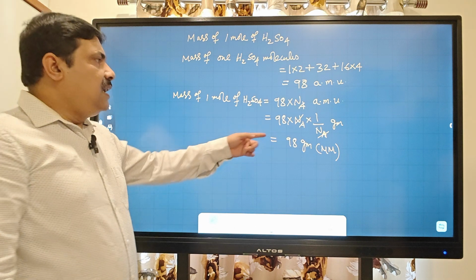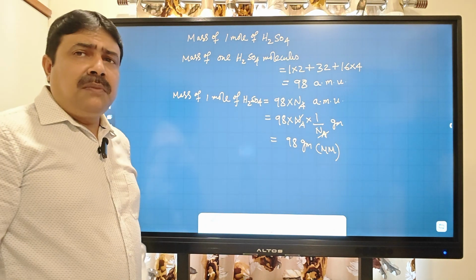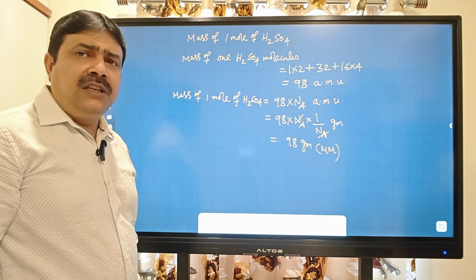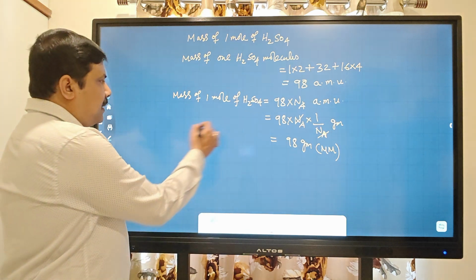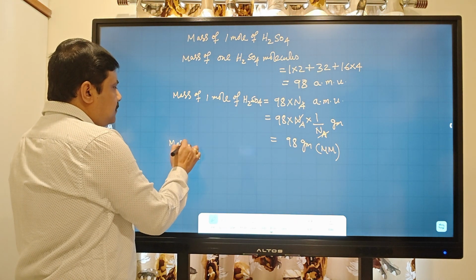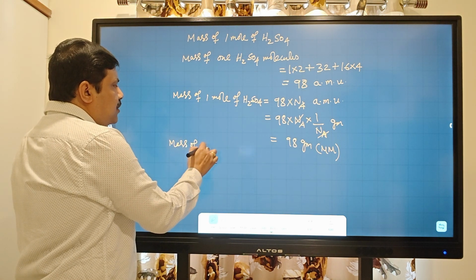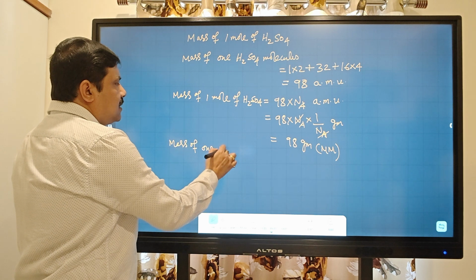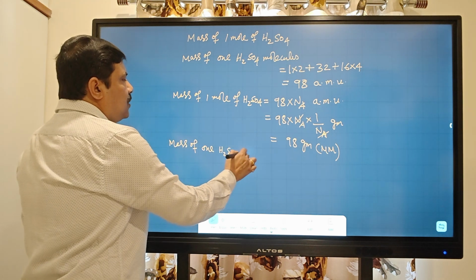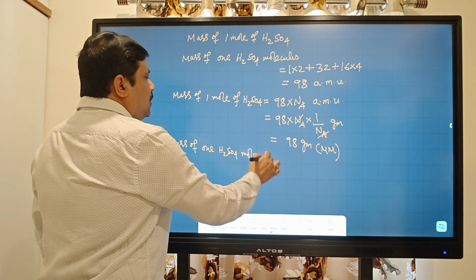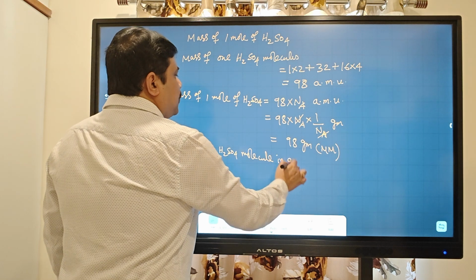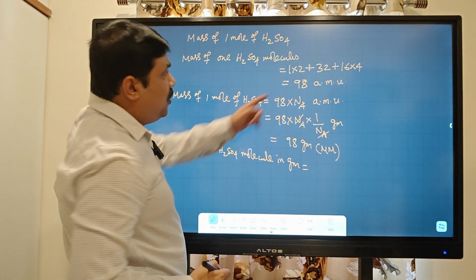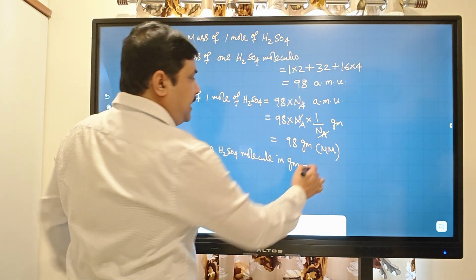Now, if you want to find the mass of one H2SO4 molecule in grams, in the same way: the mass of one H2SO4 molecule in gram I need to find out. One H2SO4 molecule in AMU is how much? 98 AMU.